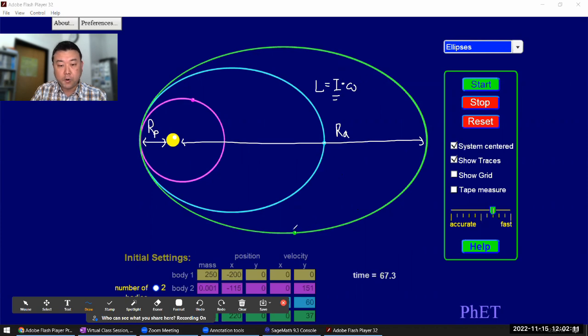For a point mass like that, rotational inertia is the distance from the center squared times the mass. So at aphelion, its radius is larger, so the rotational inertia is greater. That requires the angular velocity to be less in order for angular momentum to be the same at this point and at this point.